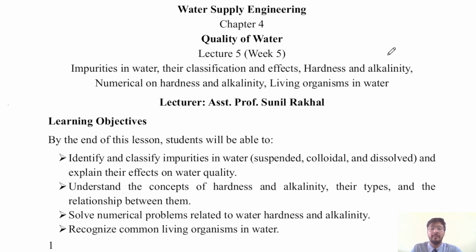Third, you will make sure you are comfortable with the basic numericals related to water hardness and alkalinity. And lastly, you will be able to recognize some of the common microorganisms found in water and why they are important from a treatment and public health point of view.